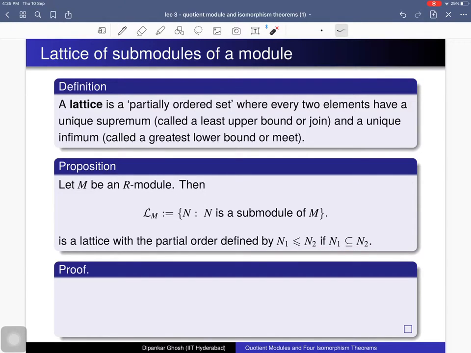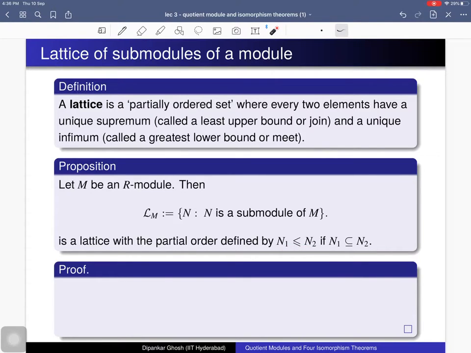So by the containment relation we can define a partial order, and we can verify that this gives a partial order, because the containment relation gives a partial order. And what is a partial order? It is just a relation on a set such that the relation is reflexive, antisymmetric and transitive. So one can verify that this gives a partial order.